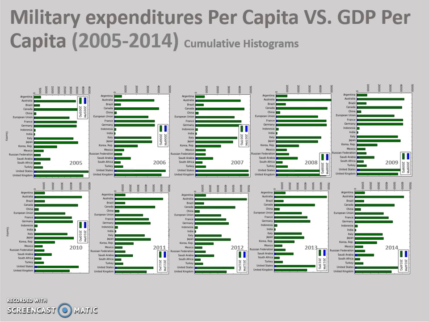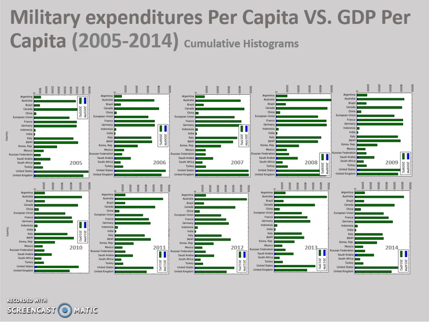Then I used the cumulative histogram to compare the military expenditure per capita with the GDP per capita from 2005 to 2014. From the histograms, we can see that in the G20 countries, the lowest GDP per capita in each year is always in India, Indonesia, and China. These three countries are all in Asia.